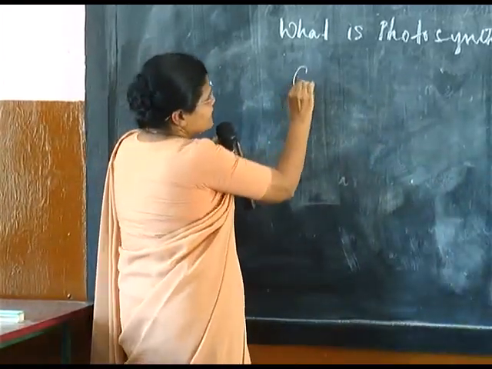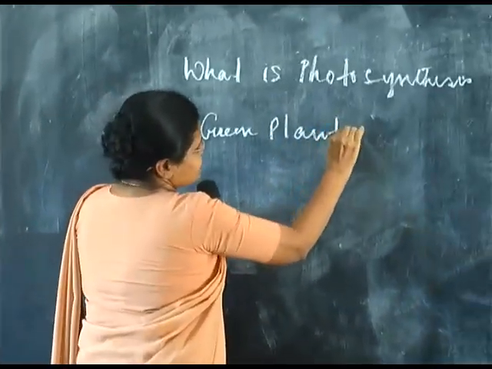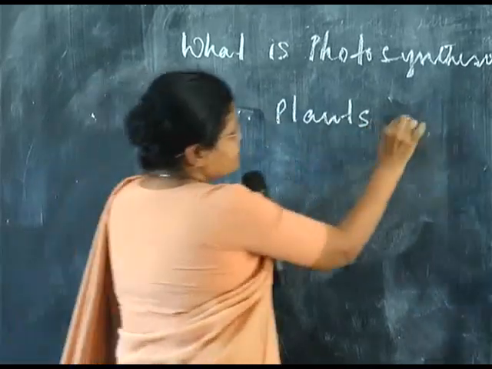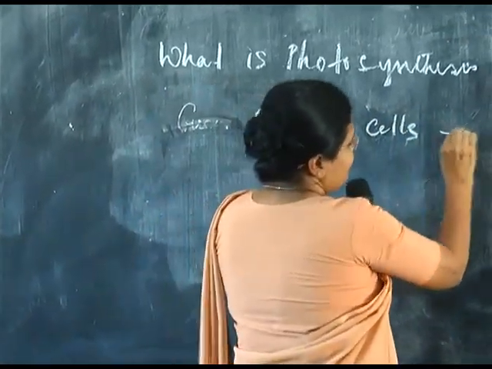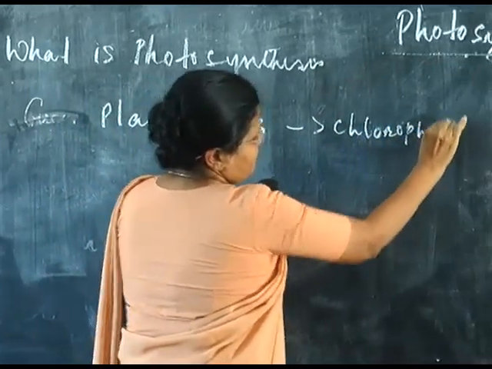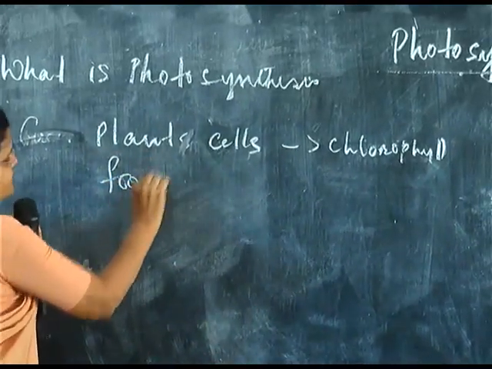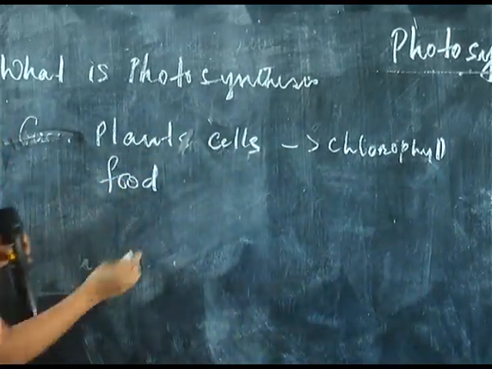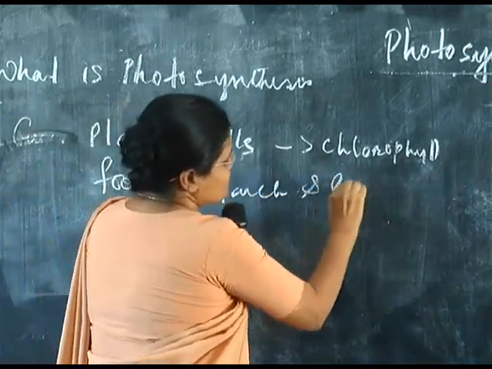Which means the green plant cells synthesize what? Food. Now what is that food? Starch and glucose.